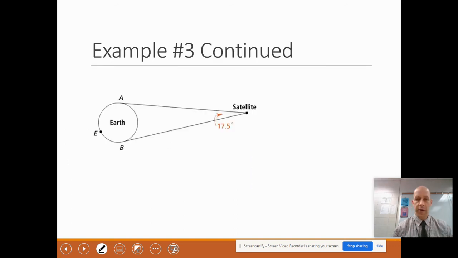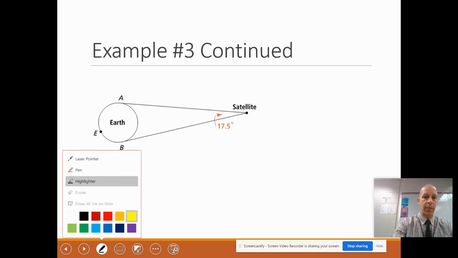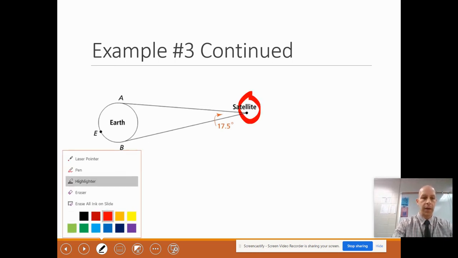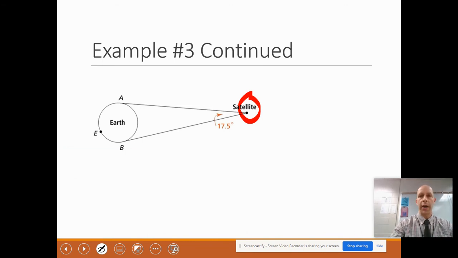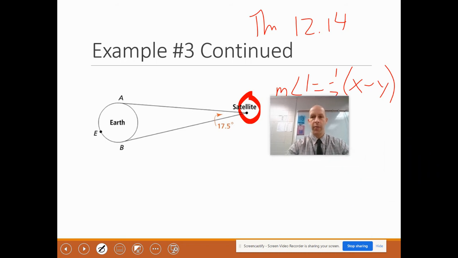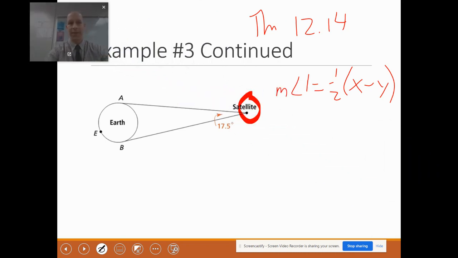You see how these two lines intersect outside, so we're again going to use theorem 12.14, which says that the measure of angle 1 is equal to 1/2 x minus y, and we're going to try to fill this in the best that we can. I'm going to move my picture out of the way.